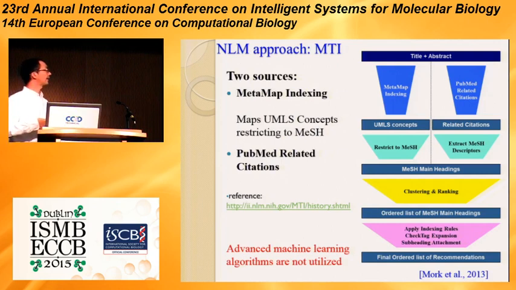One is MetaMap Indexing, and the other component is PubMed Related Citations, which retrieves similar documents from Medline. From the first component, they map the text into UMLS concepts and then restrict them to MeSH terms. The second gets MeSH terms from the similar citations. Then a linear combination of these 2 results is made.